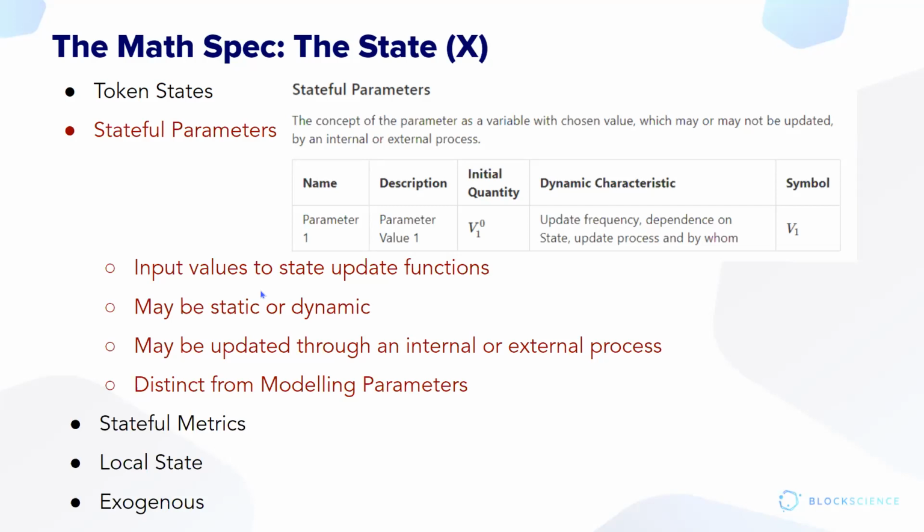They don't have to be constant. They could come from a different process, such as governance or an external process necessitating a change to a fee or an inflation rate. Those are all certainly stateful parameters.